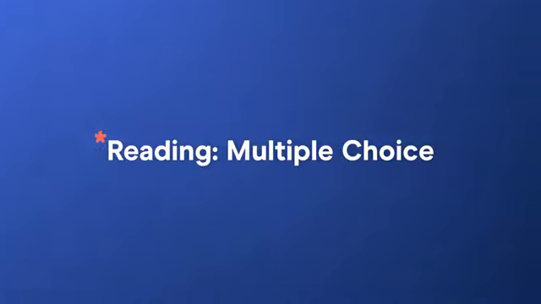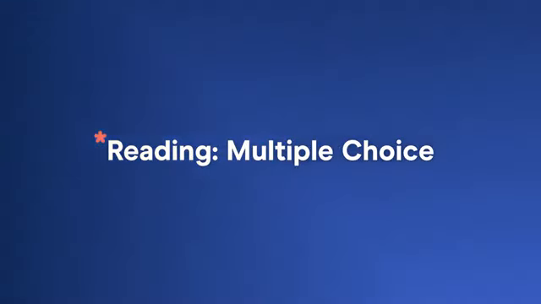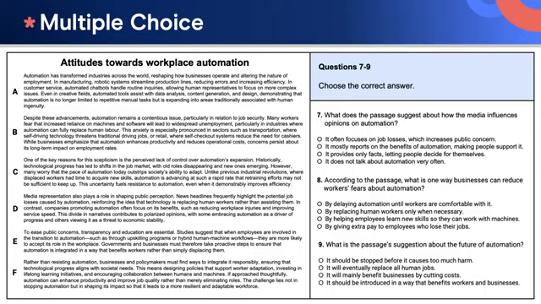Okay, on to the next IELTS reading question type, multiple choice. There are two different kinds of multiple choice questions in the IELTS reading test, single answer or multiple answers, but for this question, you have to select only one correct answer from the 4 options. So here it is. The instructions are short and say, questions 7 to 9, choose the correct answer.